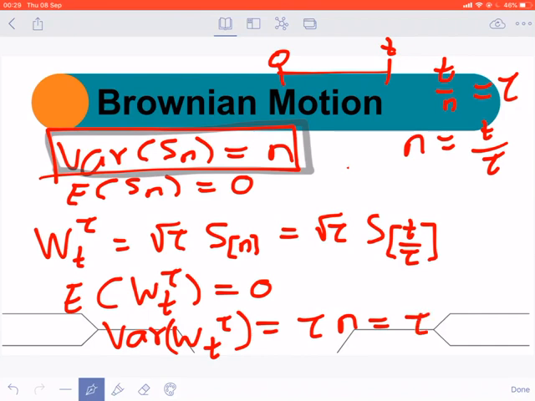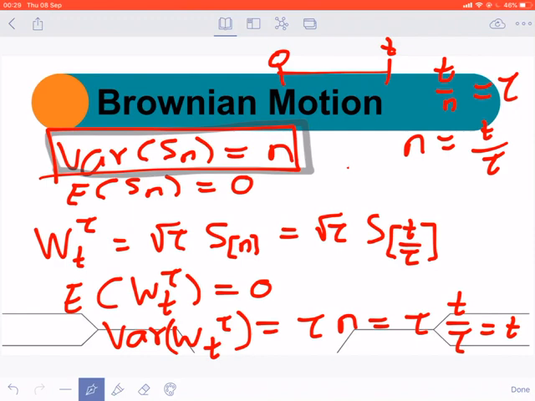So you're going to have tau times t over tau, and you're just going to have t. So now we have standardized our process. It's going to have a variance of t. So I hope this makes sense for now.